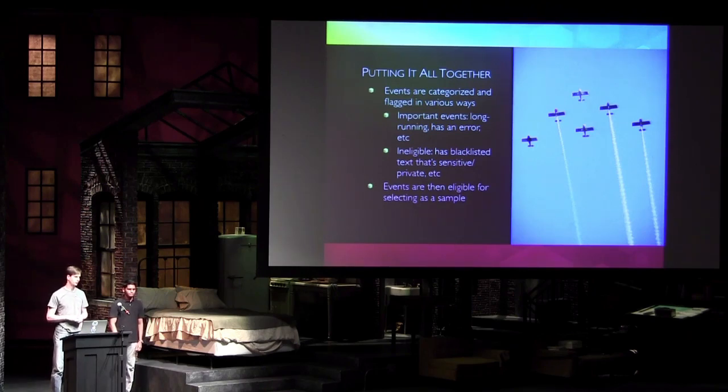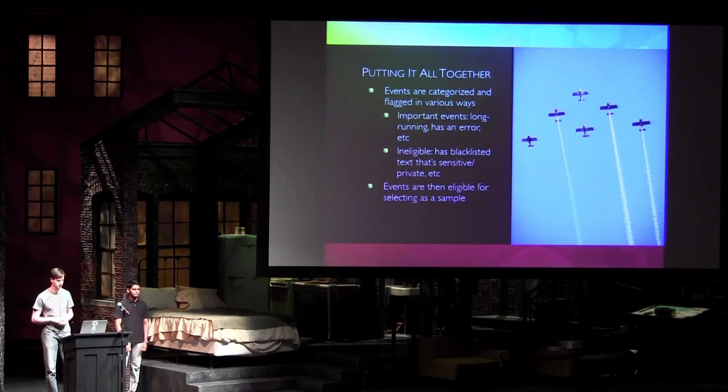So there's this whole filter of stuff that we built in our agents to determine whether something is eligible for sampling or not, and if it is, then based on some other things such as whether the query had a warning or so forth, whether it's important, we bias the sampling towards important events as well.